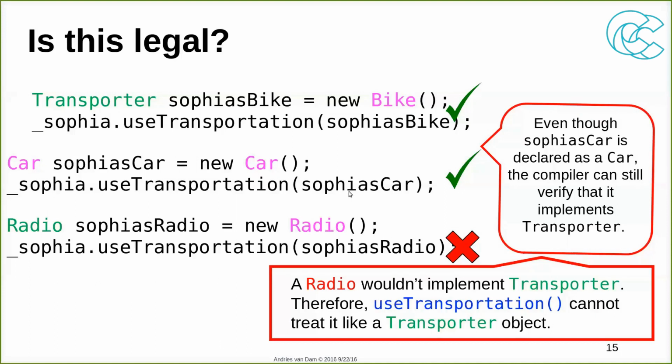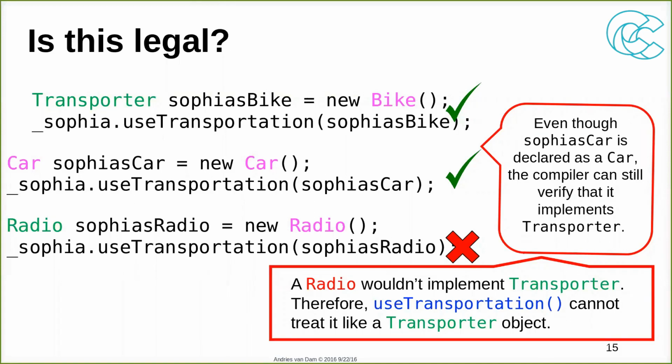Is this what you're saying? What I'm saying is, in use transportation the parameter we wrote was Transporter transportation. So any object that has implemented transporter can be passed as a transporter object. Yeah, that's right.